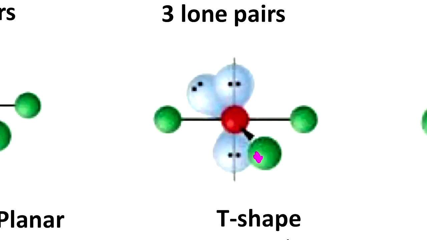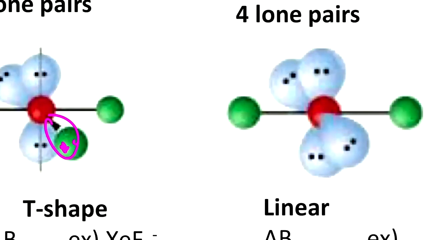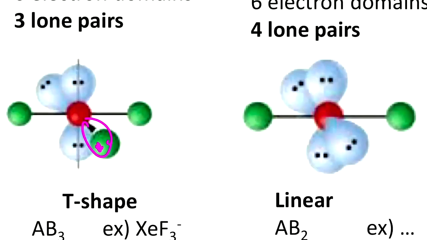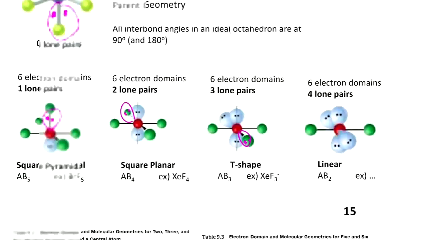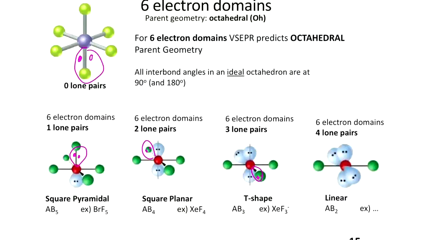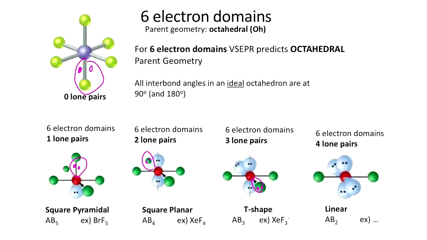And that's what we see over here, where the 4 lone pairs, 1, 2, 3, 4, are all within the same plane of one another. And if we then look at what bonds are left over, what shape is that? Linear.